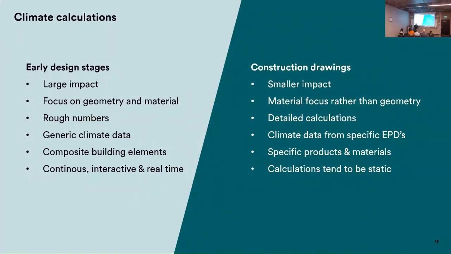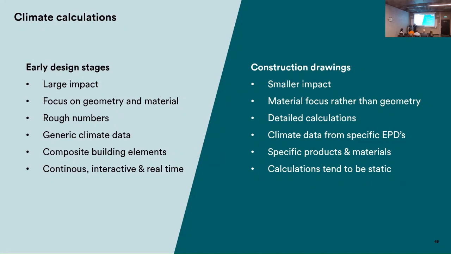There are quite a few differences in how you calculate and what's important in the different stages. But generally, we'd say that in the early stages is where we can have the biggest impact. We make a lot of decisions that influence the climate impact of the building. So if we don't make the right decisions in early stages, then it's going to be hard to compensate later on.